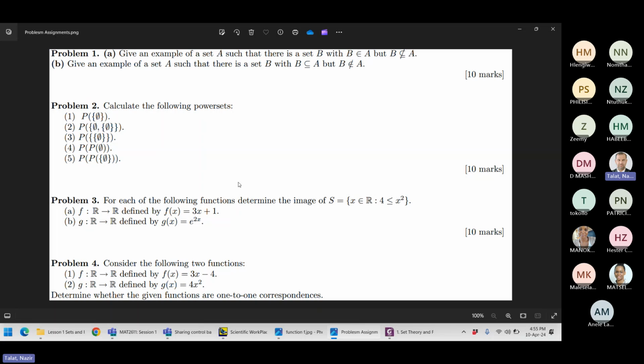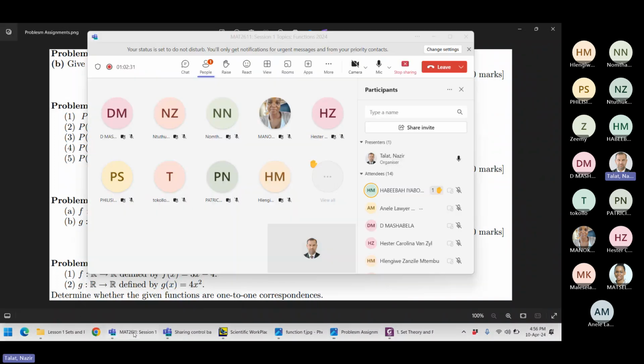So this will not be considered. Please solve the problems yourself, using your full efforts, and write them by hand. Just scan those pages and submit on the link before the deadline. That's it. Any other question or comment if you want to ask? You are welcome.